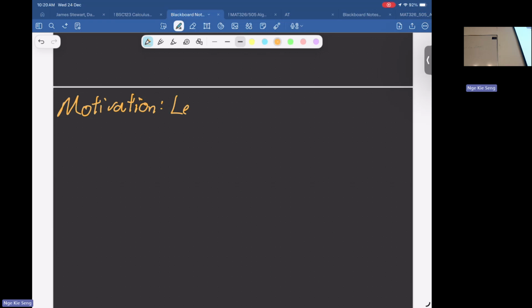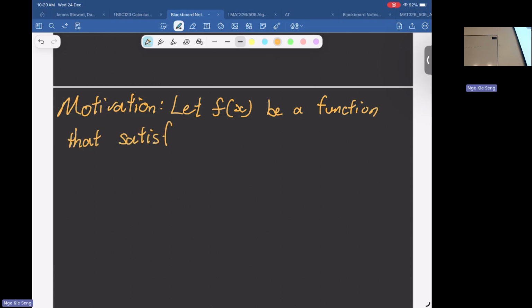Let f(x) be a function that satisfies f'(x) = f(x). You come across this kind of function where after you differentiate, you get back the same thing: e to the x, the exponential function.